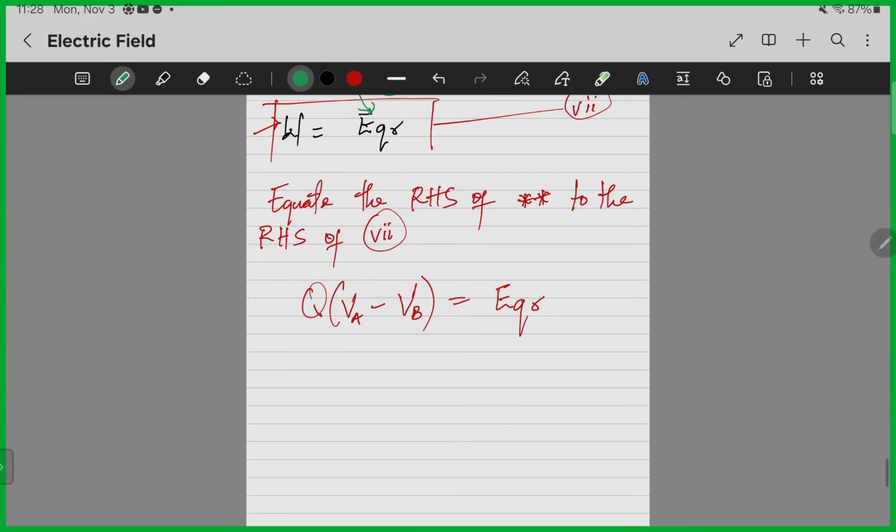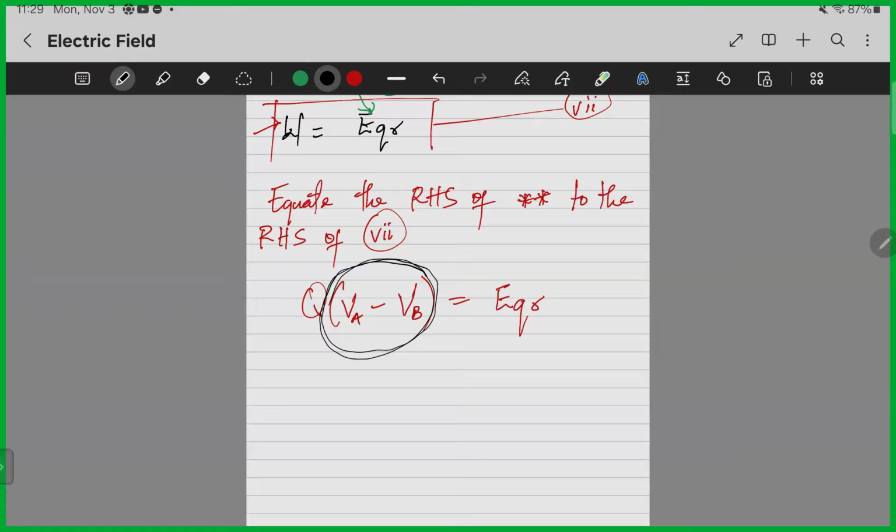Having established that, let's talk about this guy. Let's label this the potential difference, because this is the actual difference of the two potentials.